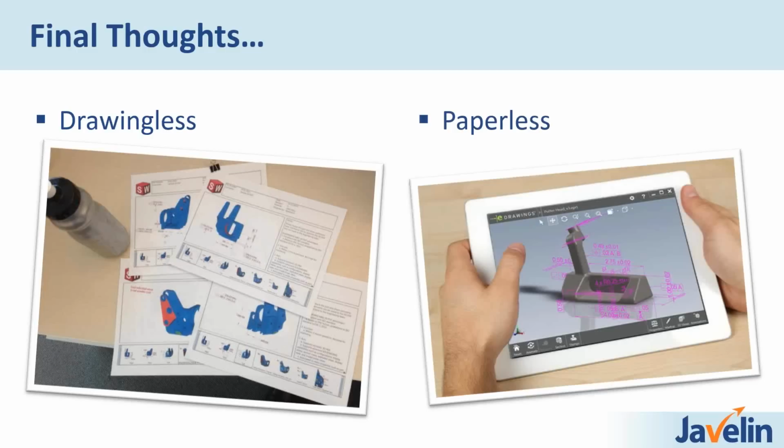Paperless is going completely electronic, and not even printing out your 2D drawings, but going a step further, which is to have something like an iPad or something electronic on the shop floor, or something that people can view and see information from there. So again, just the differences there that I thought I'd highlight between drawingless and paperless and what that is all about.